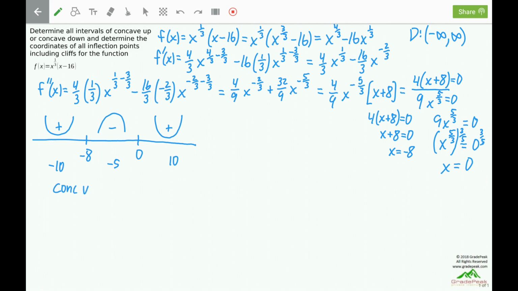So we have concave up happening on the interval -infinity up to -8, union, because it's happening again, on the interval 0 to +infinity. We have concave down happening on the interval -8 to 0.